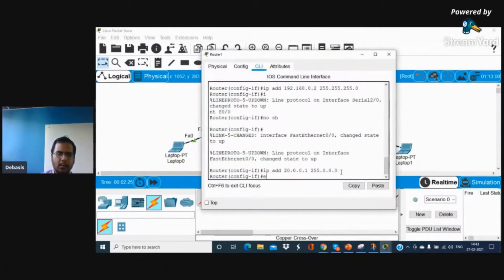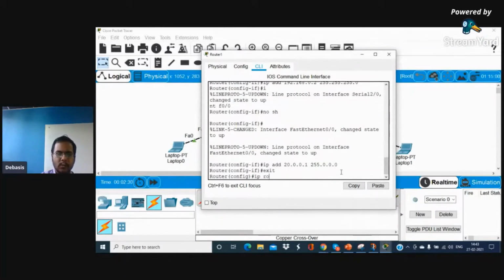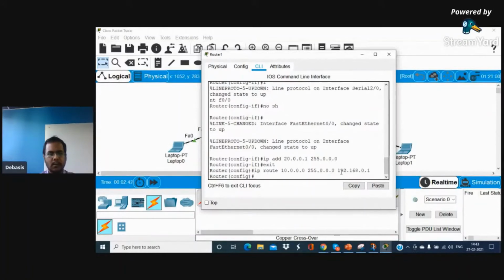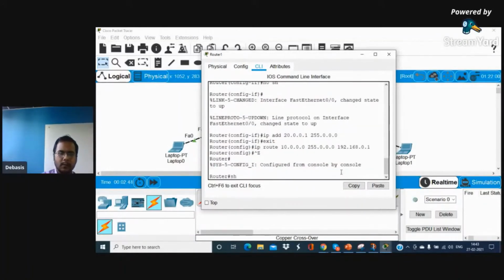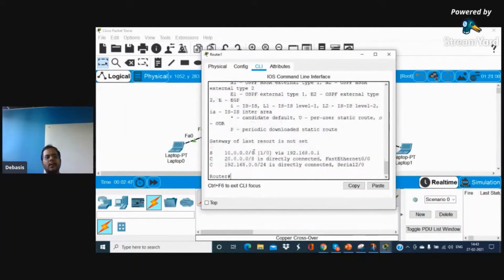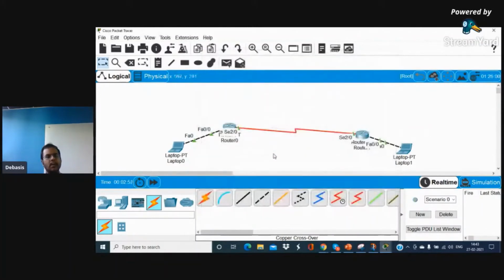And on router B, also give ip route. The destination is 10.0.0.0 with its mask, and the next hop is 192.168.0.1, the other router's serial port. Then give the command show ip route. See, this is a static route to 10.0.0.0, it is connected. So this way you have to configure static routing.